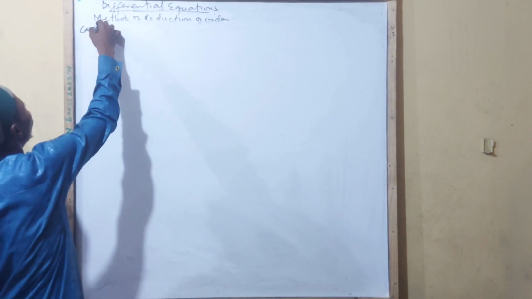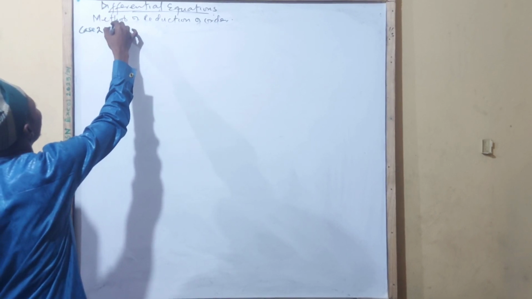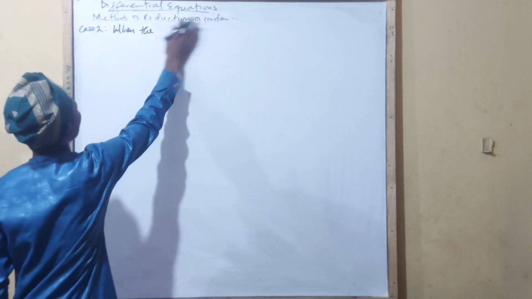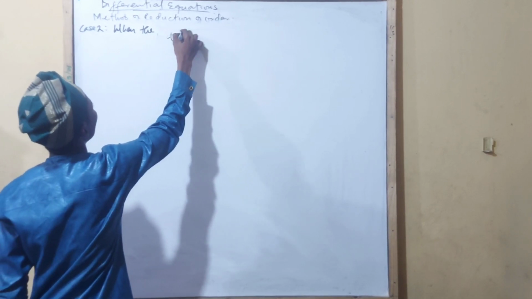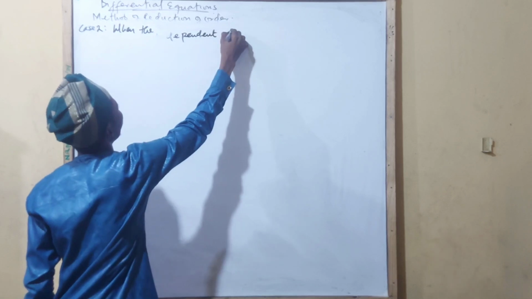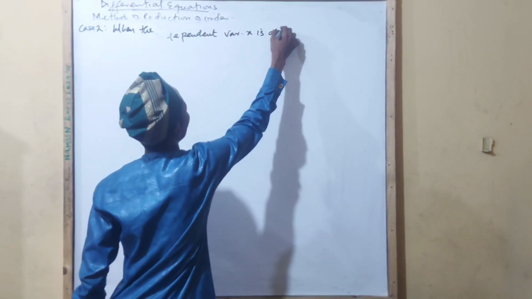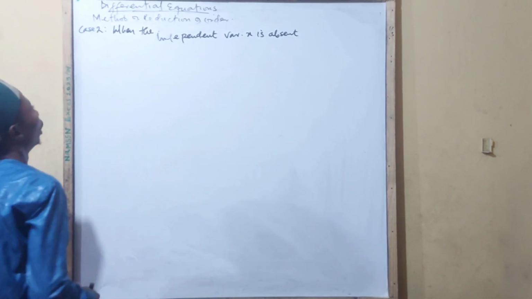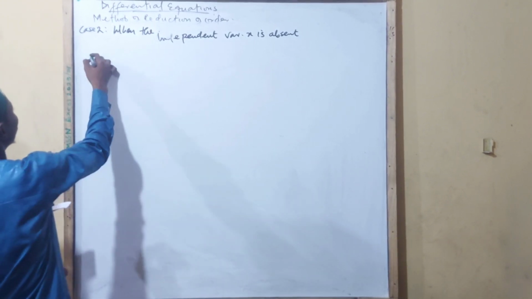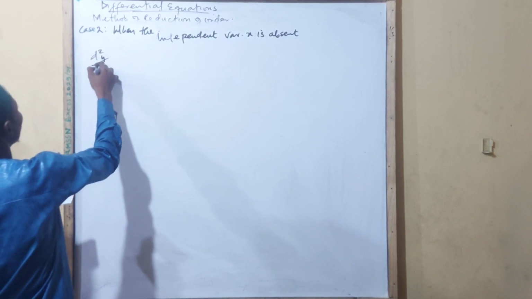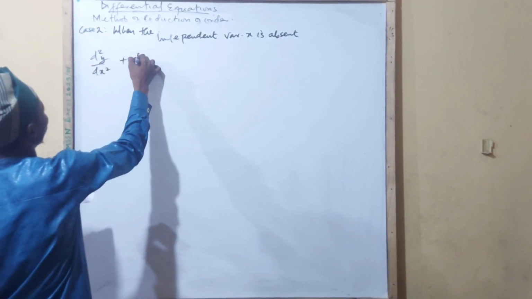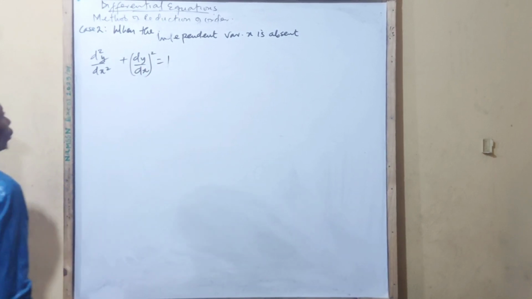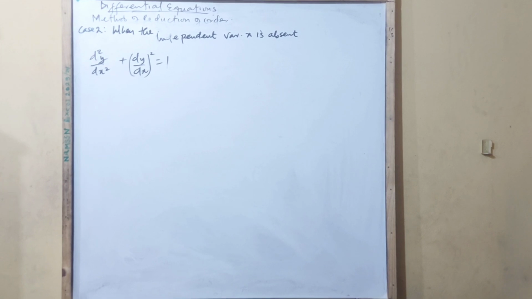So case 2 now. When the independent variable x is absent. So for example, let's solve d squared y dx squared plus dy dx all squared equals 1. Let's solve this simple differential equation. You observe that x is not there.